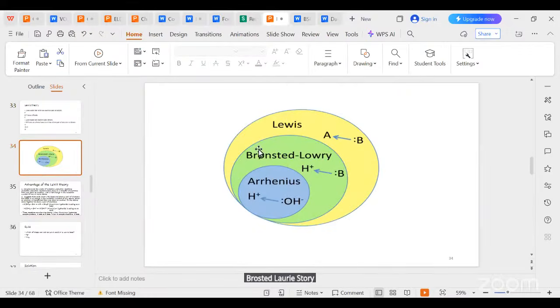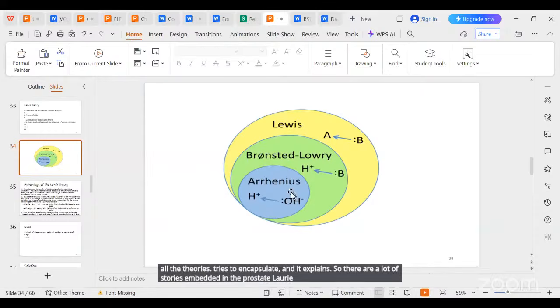I try to summarize it this way: Lewis theory tries to encapsulate the other theories, and it explains. So the Arrhenius theory is embedded in the Brønsted-Lowry theory, and the Brønsted-Lowry theory is embedded in the Lewis theory.